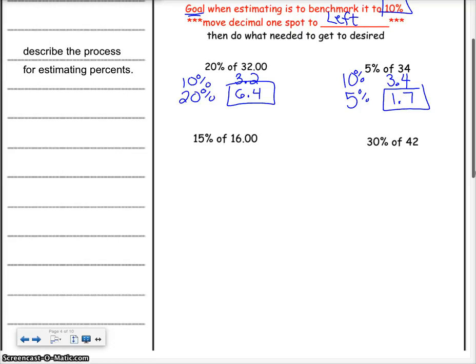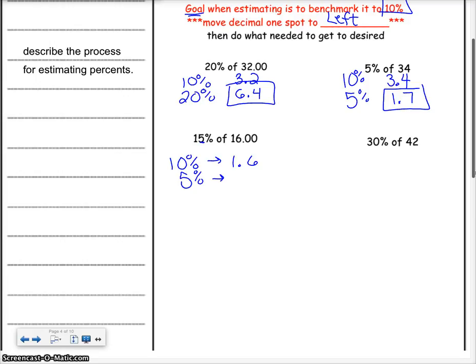15% of 16.00. Well, 10% is 1.600. I guess I don't even need to write those down. I'm just going to go ahead and write 1.6. And then I also need a 5. So 5% is half of 10.